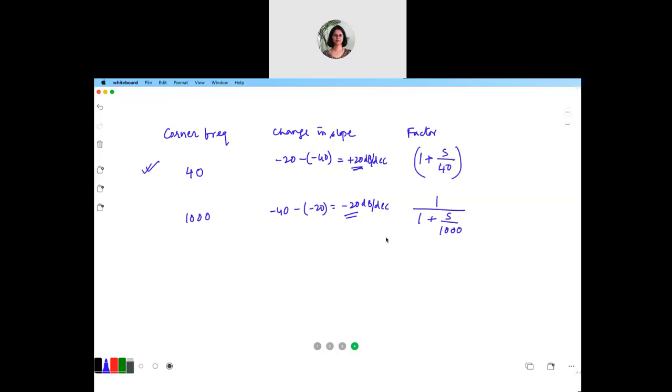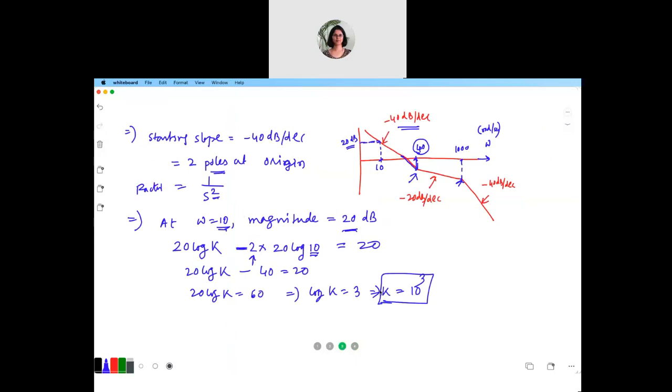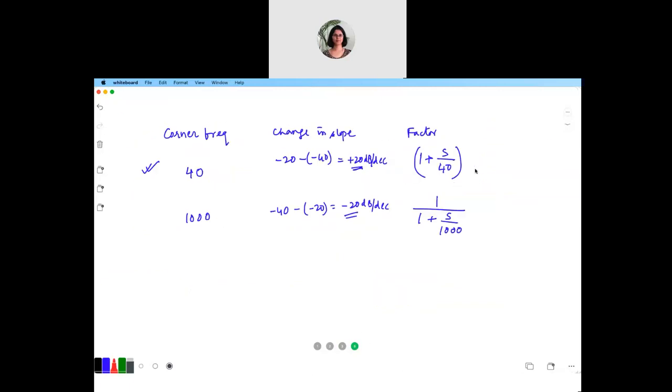So how many terms are there total? 4 terms. 1 is the constant term where k is equal to 10 to the power 3, this term. Second one is 1 by s square, this term. So one term here, and I have one term here and one term here. Just multiply all these terms to write the final transfer function. So how do I get the transfer function?